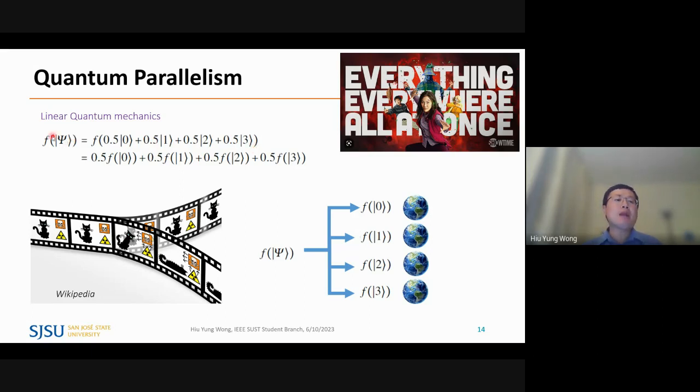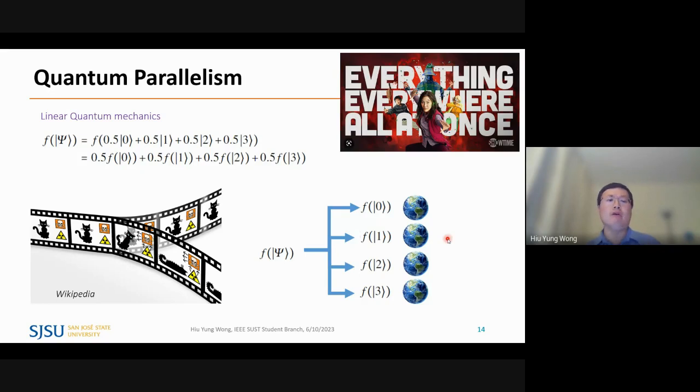Now, if I apply a function to this state, because it's linear, this function will apply to each state individually. Of course, it's not that simple, but this already shows us that I can compute each basis state in parallel with one operation if I can prepare the states as a superposition of the basis states. And that is the power of superposition, right? Just like in the movie, this is the multi-universe.